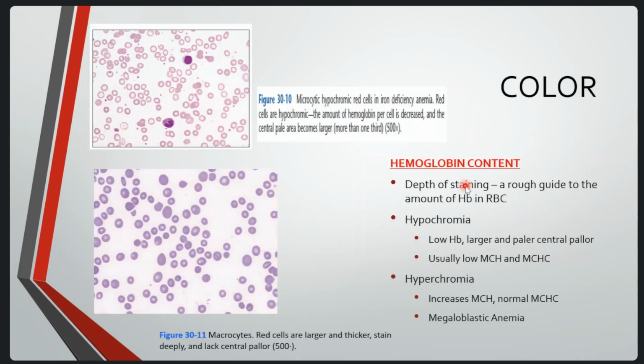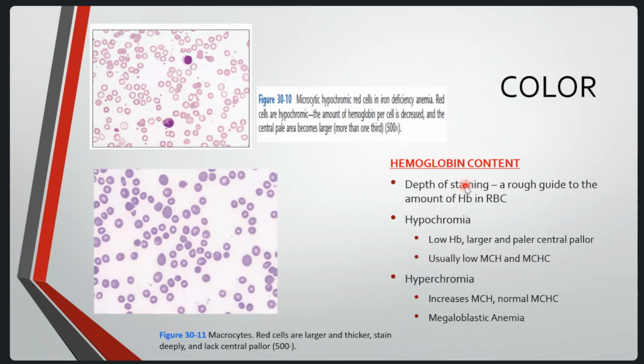Next, we have the color. Depending on the hemoglobin content is the depth of staining. This is just a rough guide to the amount of hemoglobin in your red blood cells. Actually, in your EDTA tubes, you can already have an initial diagnosis if it's anemia.